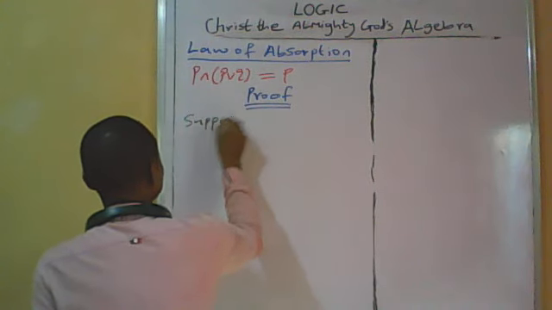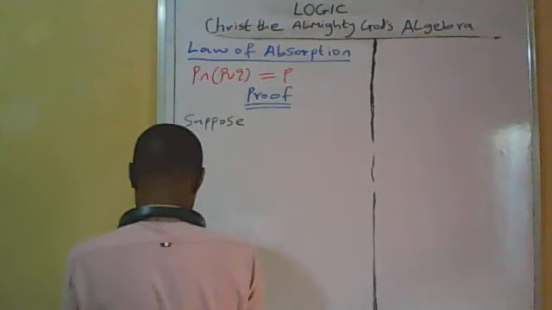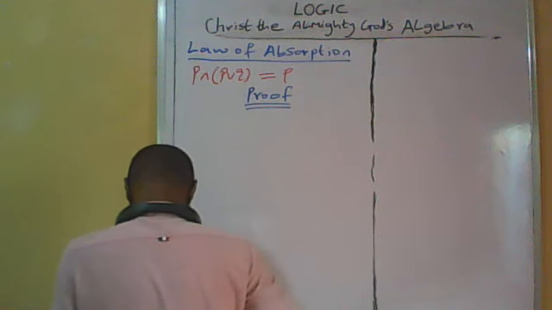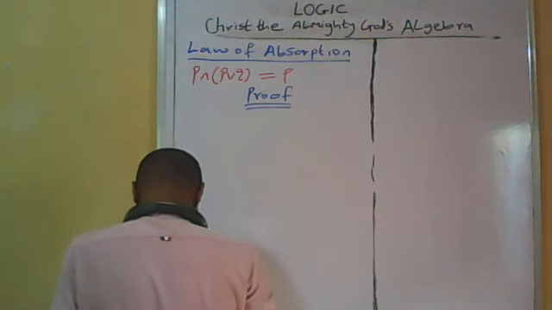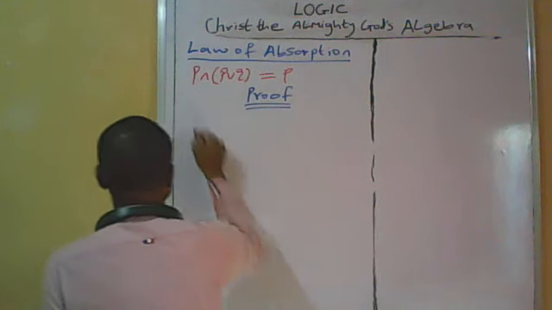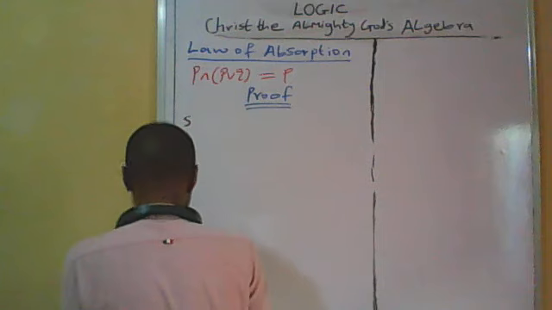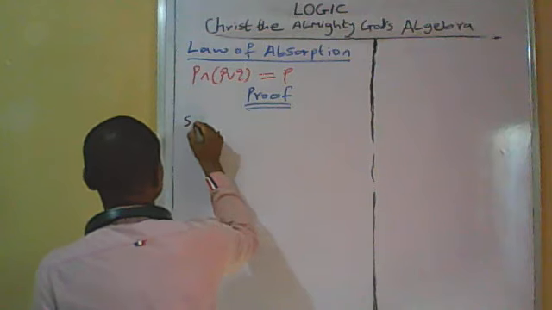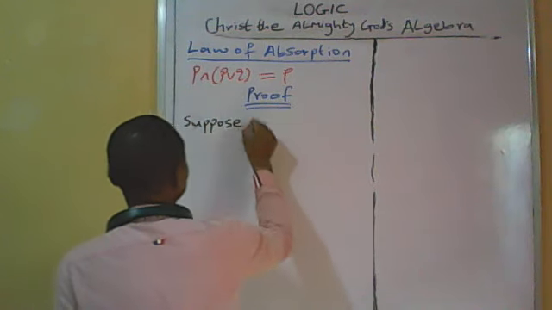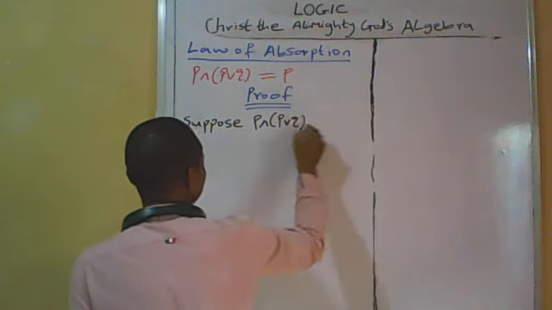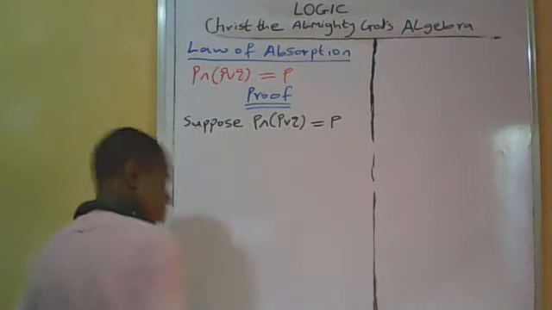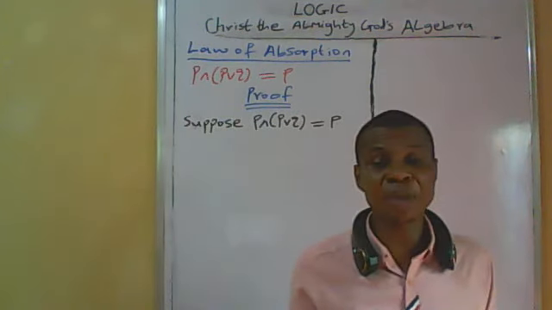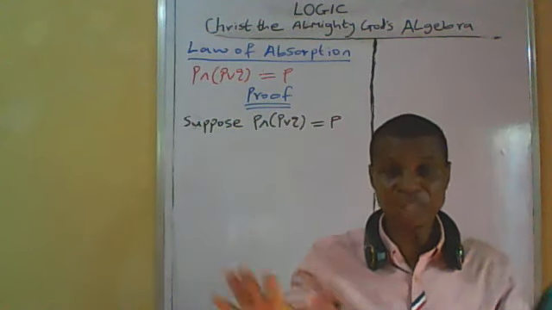Suppose P and bracket P or Q is equal to P. We are assuming that this statement is true, and it's a hypothesis.